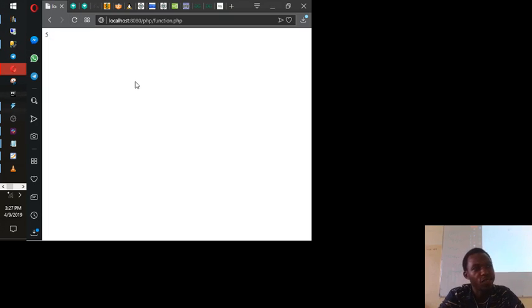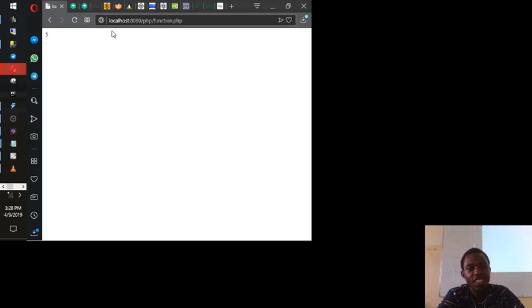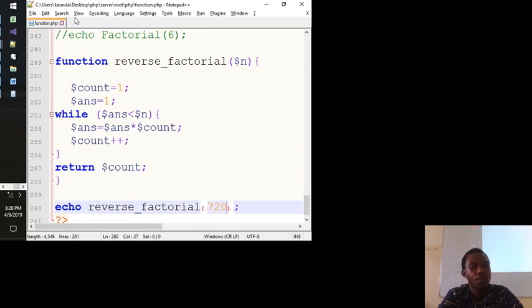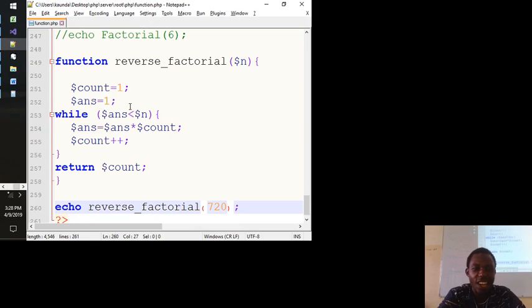That gives us 5. Let's see 720. 720 is 7, but it's supposed to be 6. So there is an increment of 1. Yes, because we initialized this to 1, so there is that 1 plus. So we just take it out, and then that's all.